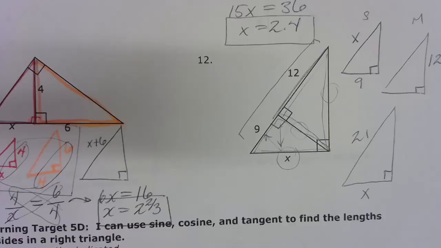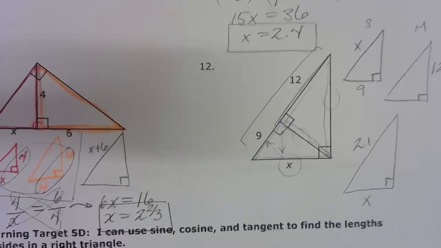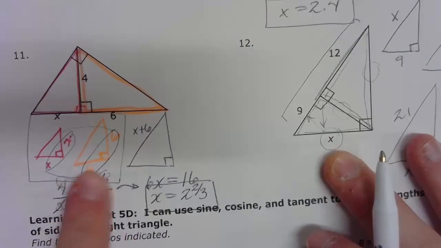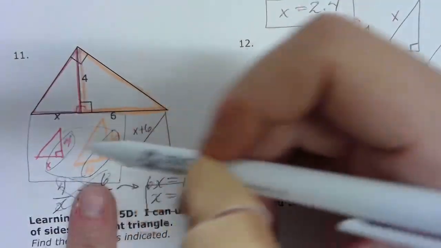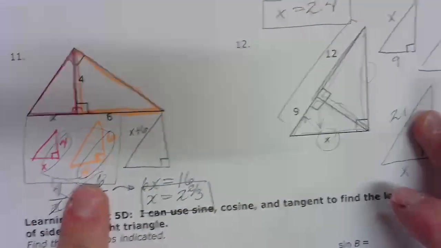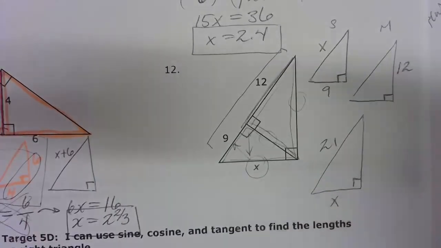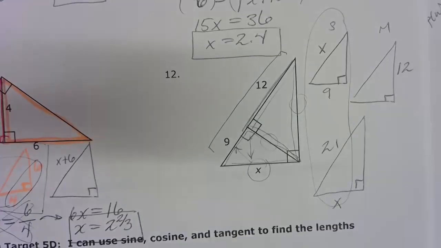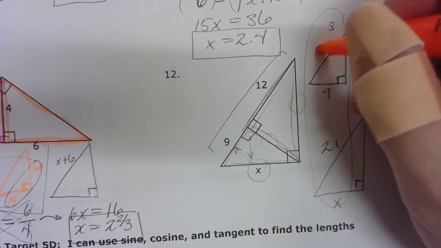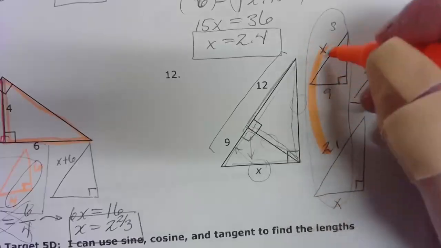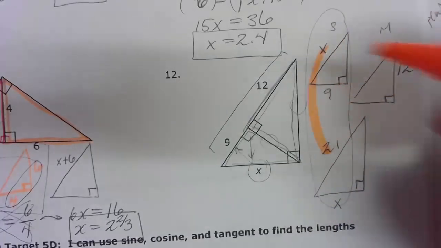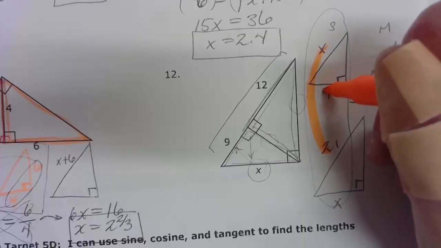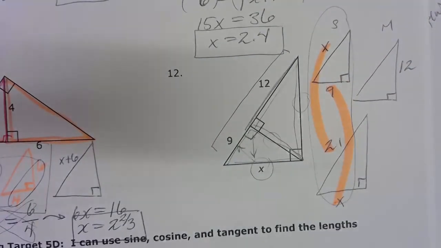How cool. So, to set up my proportion, I need 2 triangles that have 2 things in common. Look at this example we did earlier. These 2 triangles worked because I knew 2 of these things that they had in common. In this scenario, I'm going to choose these triangles to relate, since my hypotenuse is represented with something on both, and the bottom leg is also represented by something.